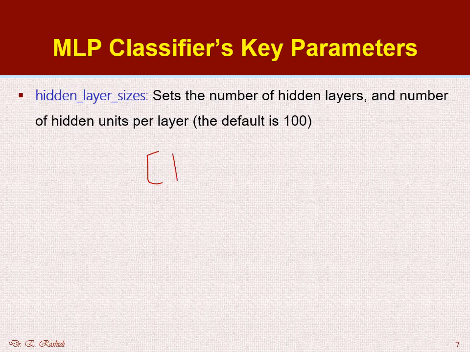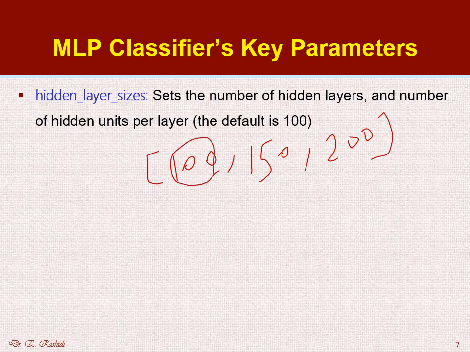So for example, this would set 3 layers. The first layer has 100 units, the second layer has 150 units, and the third layer has 200 units. A total of 3 layers.